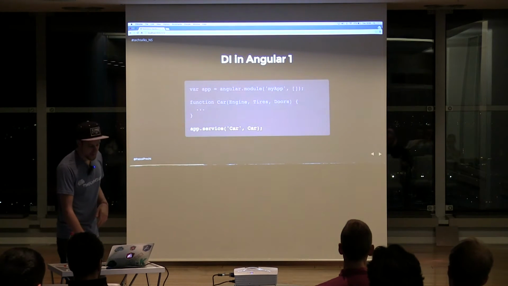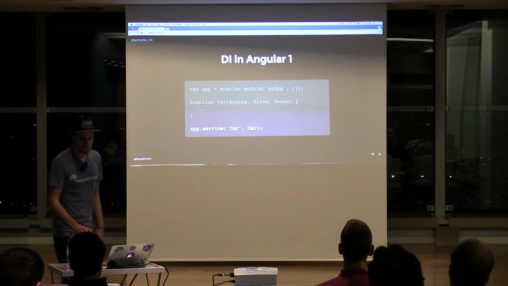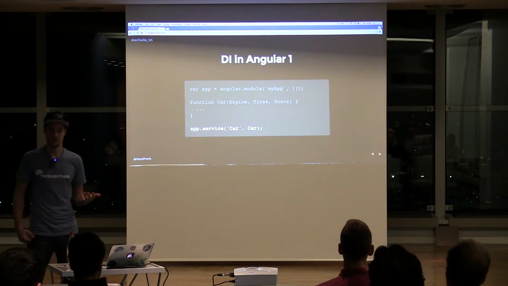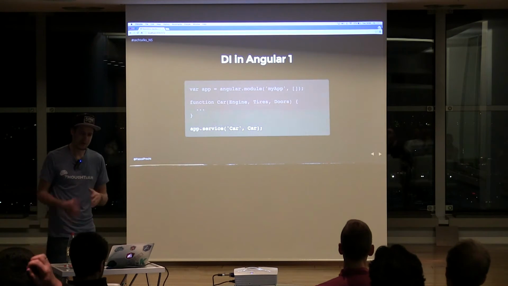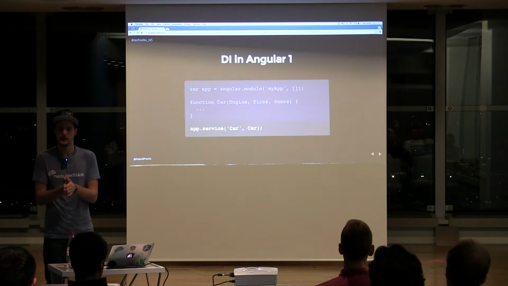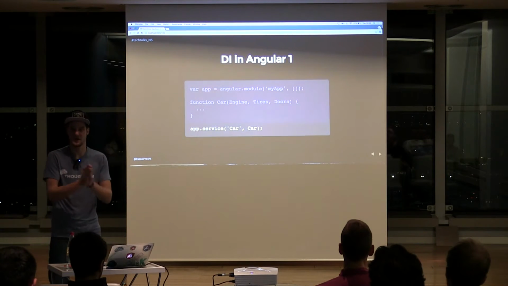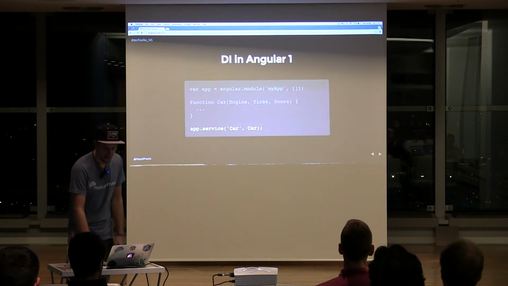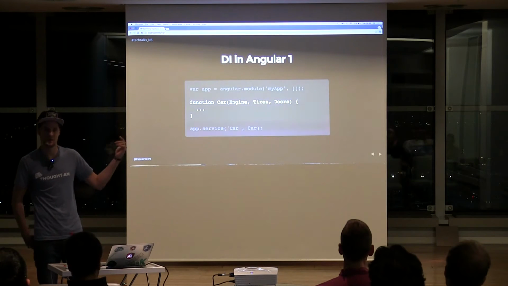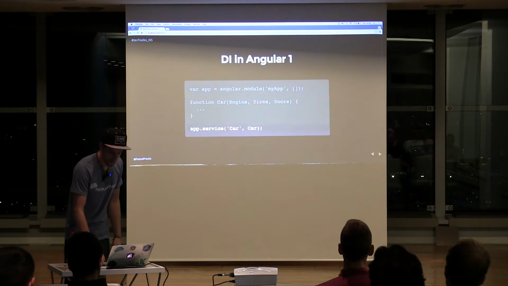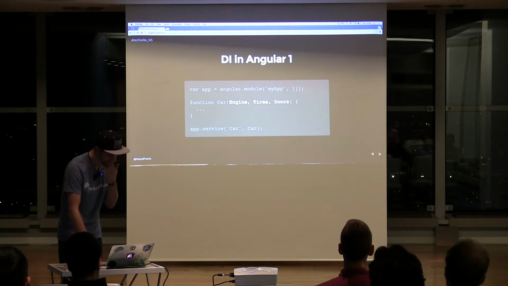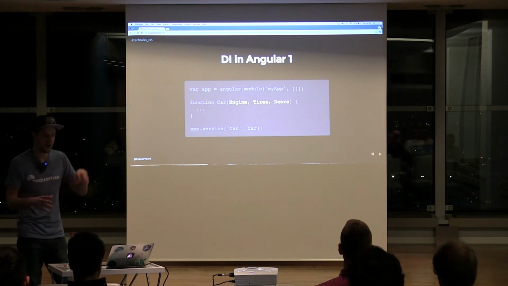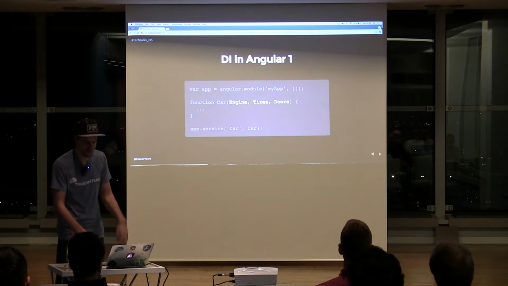Okay, but now when we ask for an instance of the car service that we register right here, how does Angular know that we need to also inject an engine and tires and doors? There has to be something that tells Angular that the first parameter here is an engine, the second one is tires, and the third one is doors. So what basically happens is that Angular calls something on that service constructor function.